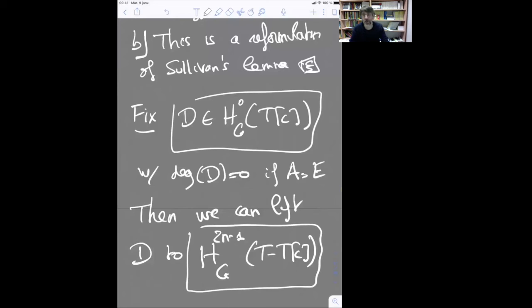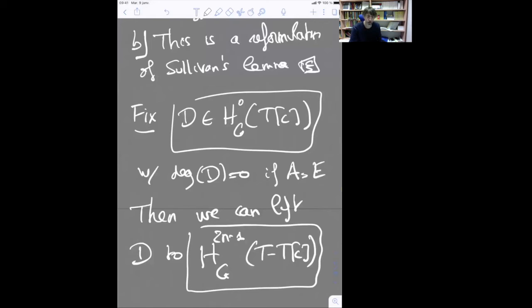So again, we have a class, but now a priori, in the elliptic case, we need to erase more than just one point. We need to erase finitely many points that have a degree 0.